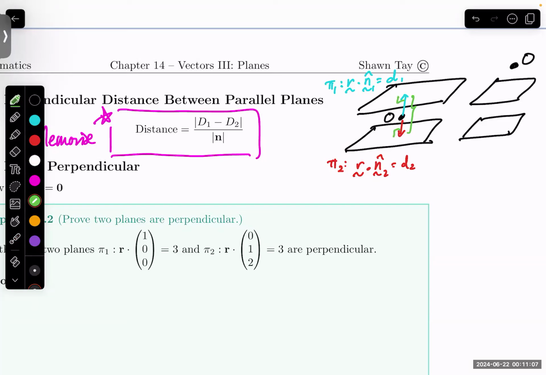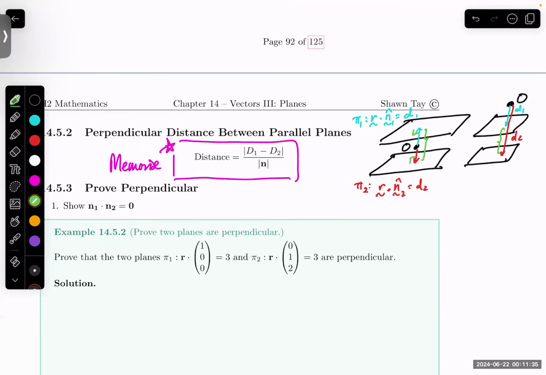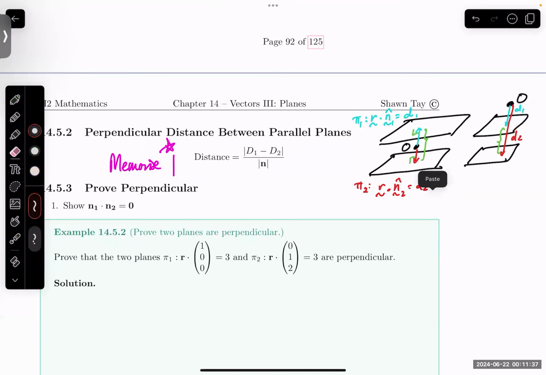If the origin is outside, then in this case this will be d1 and this will be d2. Taking the modulus of d1 minus d2, I will get this distance between the two planes. But it's better to just memorize this.